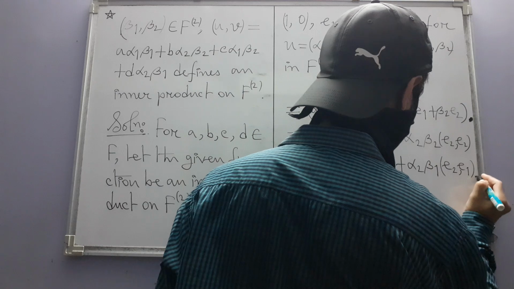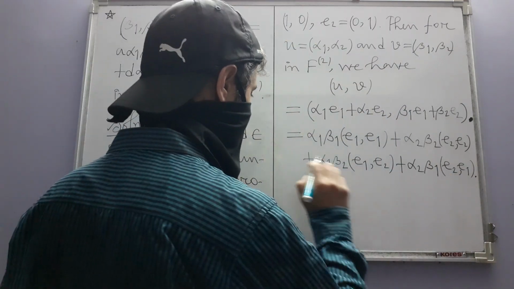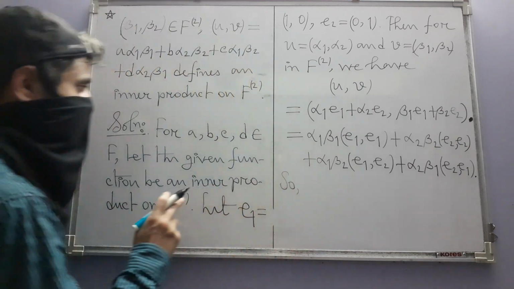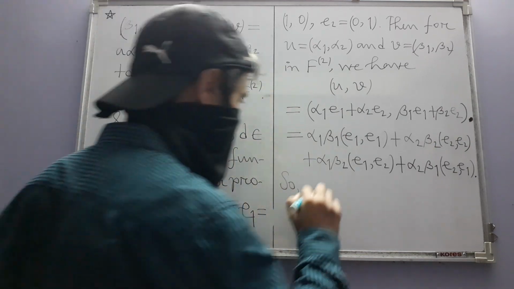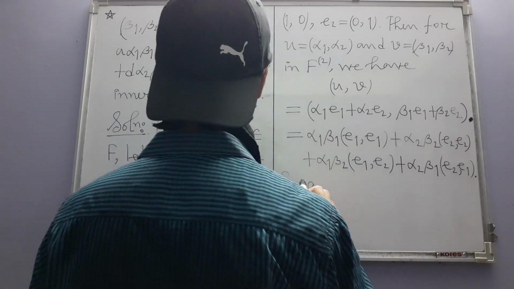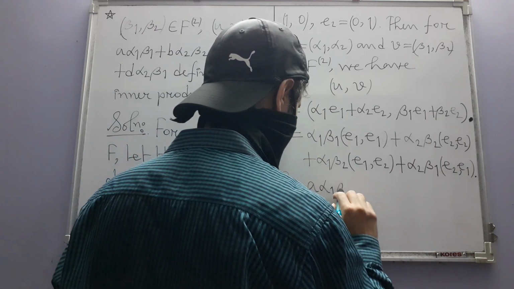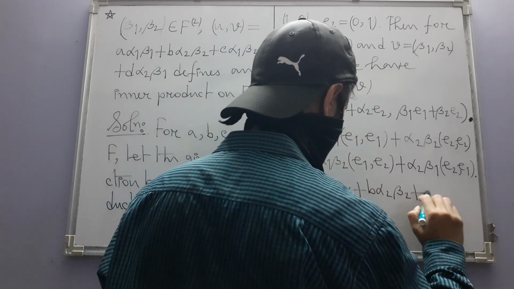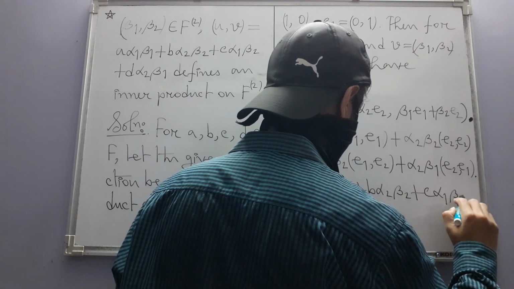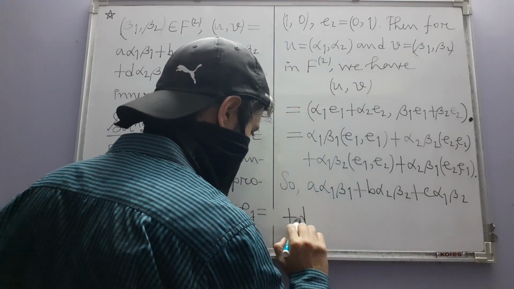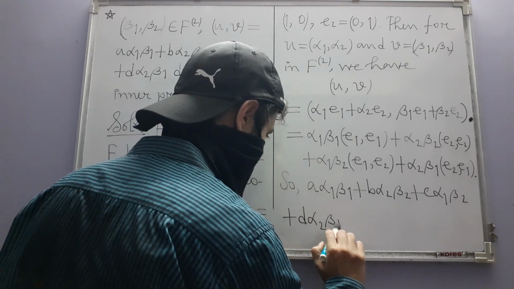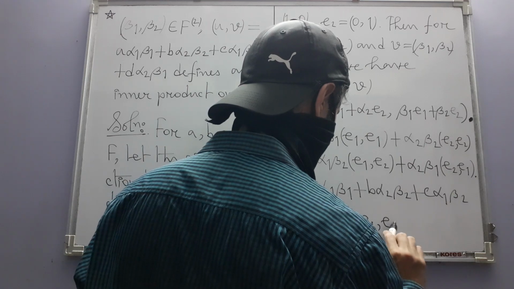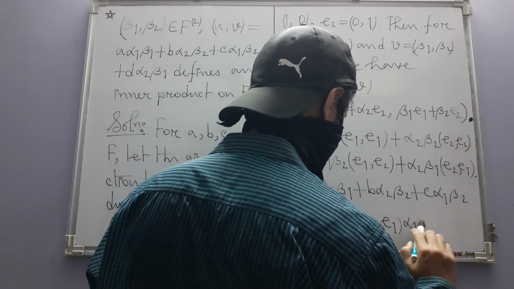Okay. So what do we get? At the same time, this is also equal to this. So A alpha 1 beta 1 plus B alpha 2 beta 2 plus C alpha 1 beta 2 plus D alpha 2 beta 1 is equal to the inner product of E1 and E1 times alpha 1 beta 1.